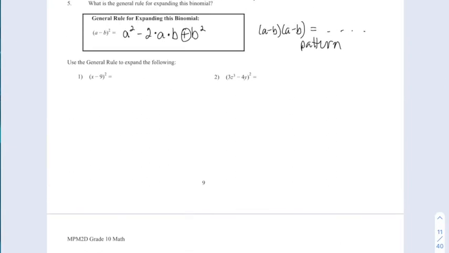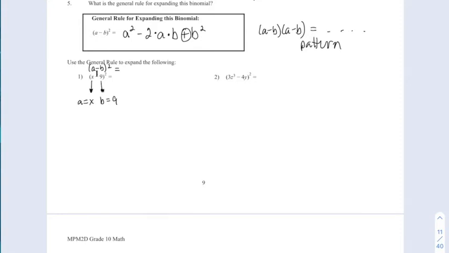So let's try this one using the pattern or the general rule. So we have to be careful with substituting negative values here, because if I look really carefully at this, I know that my a value is x and my b value is not negative 9, it's actually 9 because the negative values match up here.